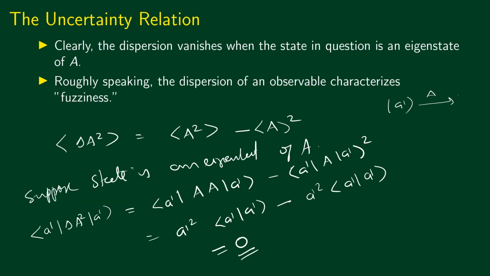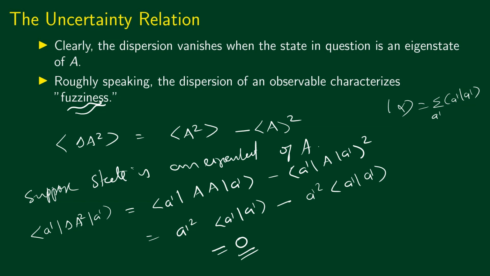So clearly the dispersion vanishes when the state in question is an eigenstate of A. Roughly speaking, the dispersion of an observable characterizes the fuzziness, how much it is spread out. Suppose the state is not an eigenket of A. We'll be able to write the state as a sum over the eigenkets of A. Now we don't know to which state it's going to change when we make a measurement.